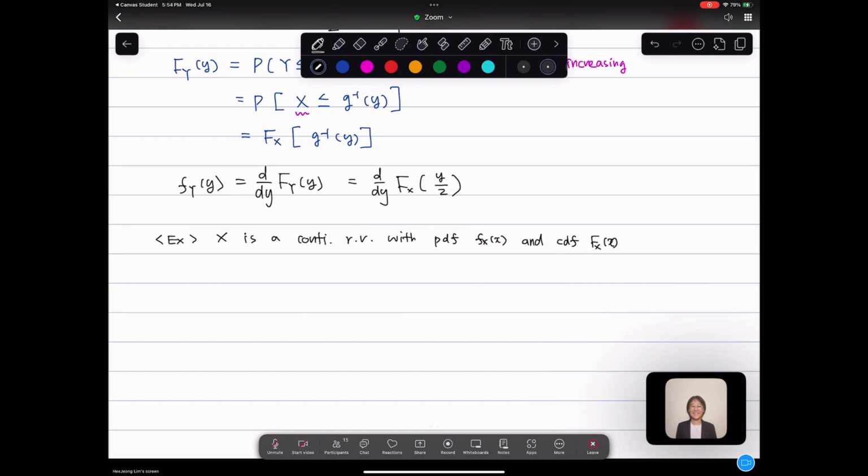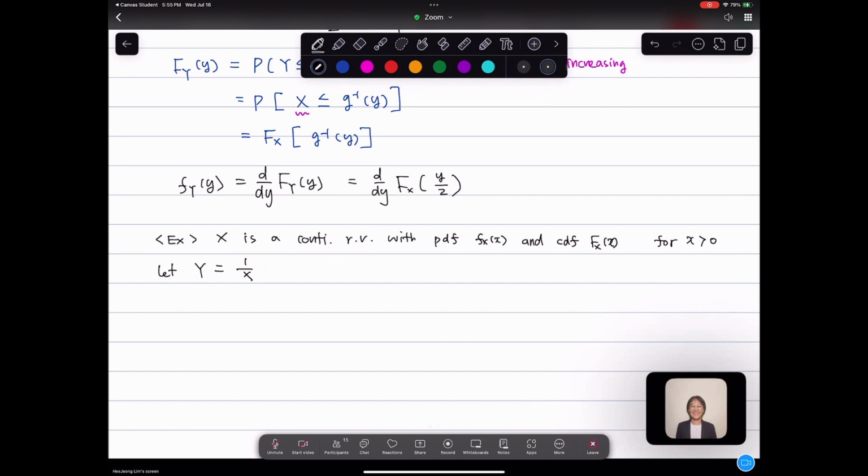This time, let the variable Y equal 1 over X. Let's be a little specific for X to be greater than 0. So that's my support. We always consider the positive side.